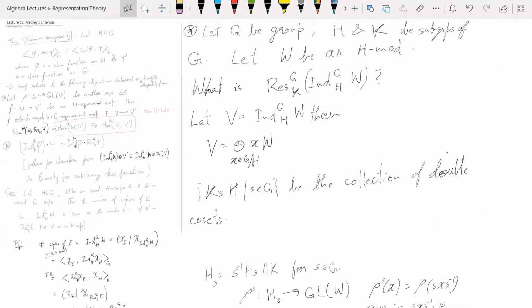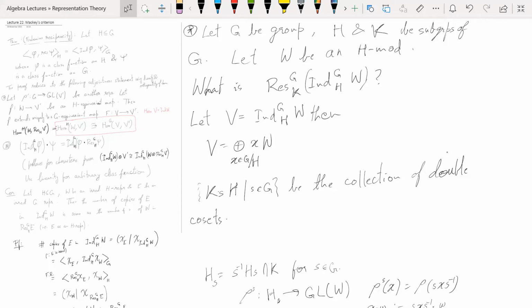Today we will hopefully get to the statement of Mackey's criteria, but certainly not the proof. That is about when an induced representation is irreducible. If W is irreducible, then the induced representation from H to G has a chance of being irreducible, but it needs to satisfy another condition, which is about some conjugate.